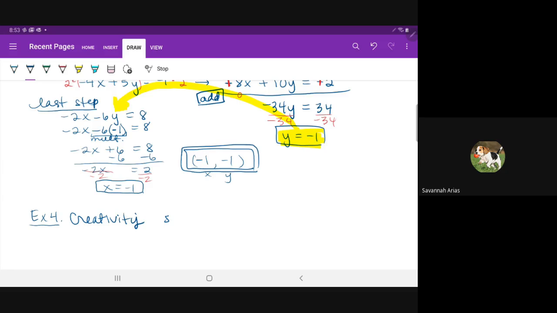I had too many ITYs. Okay, so creativity saves time, but the arrow way always works. Okay, so that's what example 4 is going to be called.